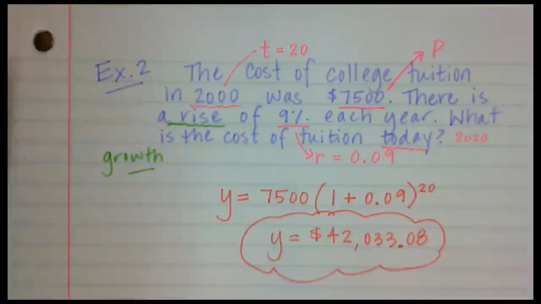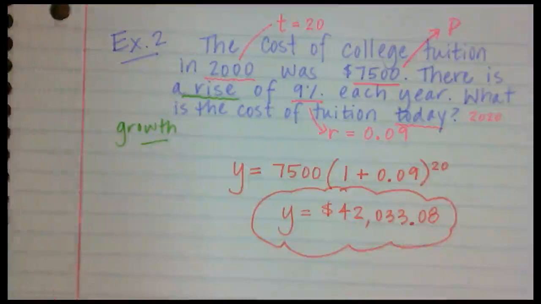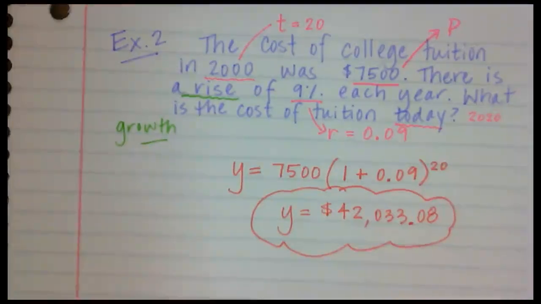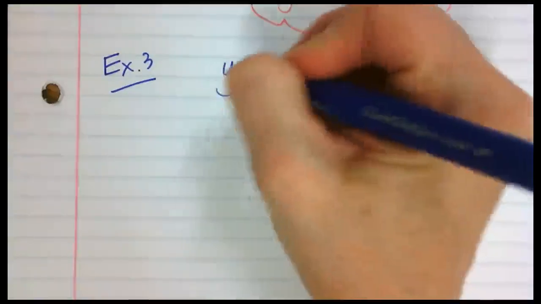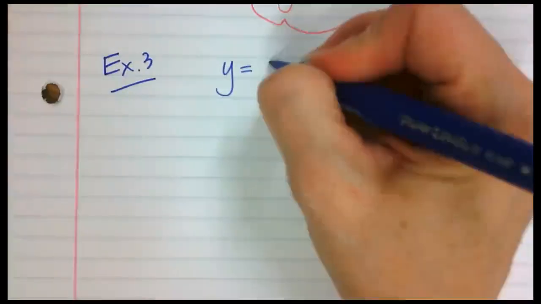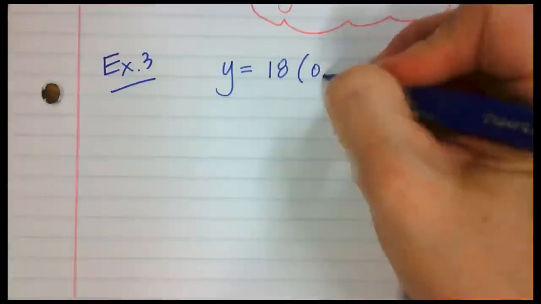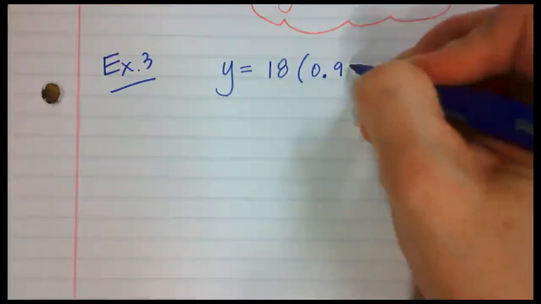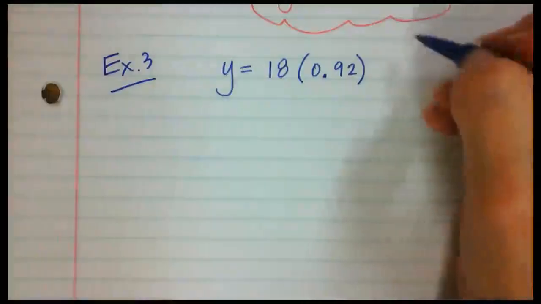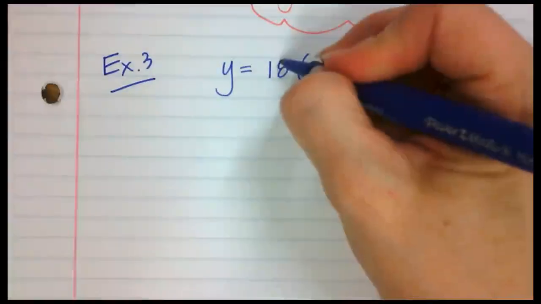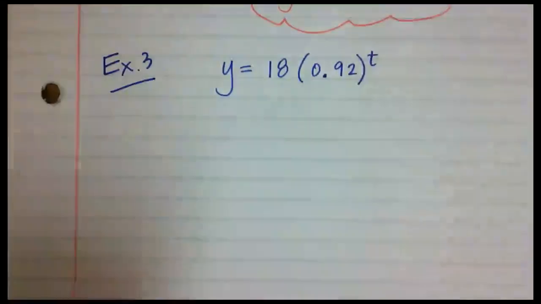All right, so for our last few examples, what I want to do is just make sure that you can look and understand what an equation is telling you. So for example 3, let's say you had y equals 18, 0.92, we'll just leave t.